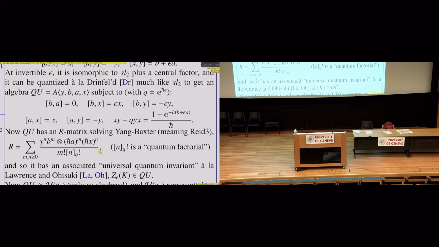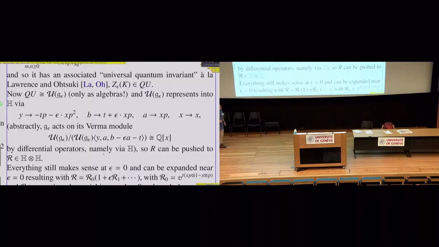And so it has a so-called universal quantum invariant, and you can read about them more in the work of Ruth Lawrence and Tomotada Ohtsuki. But the point is that to compute the quantum invariant, you only need the algebra structure. You don't need the co-algebra structure.